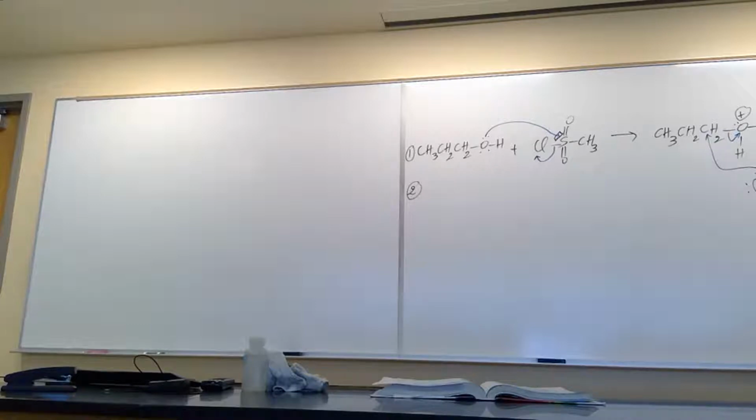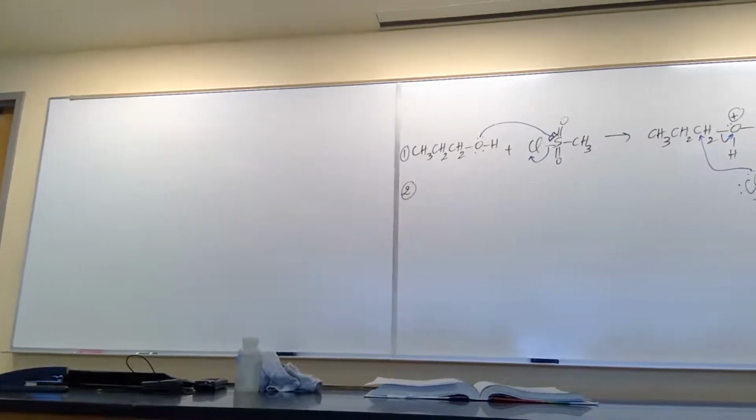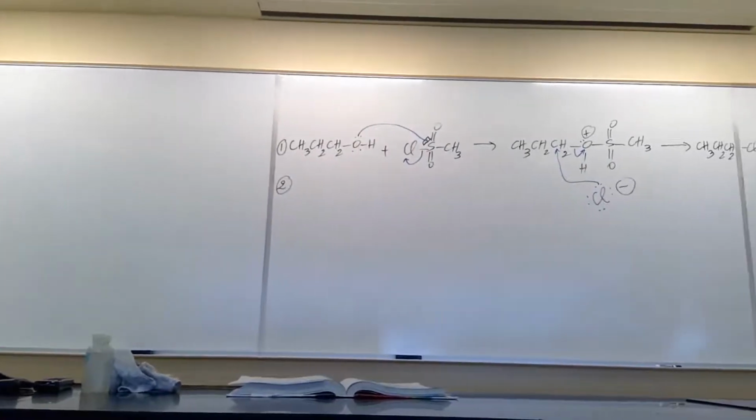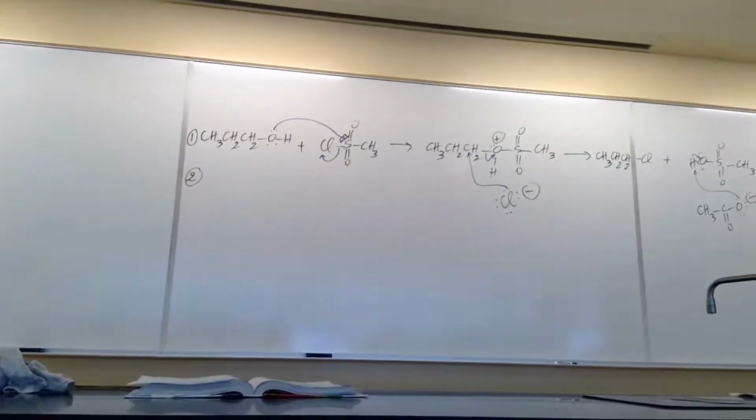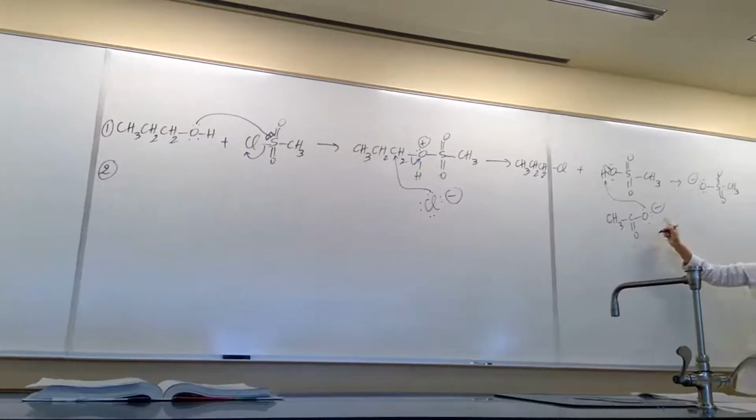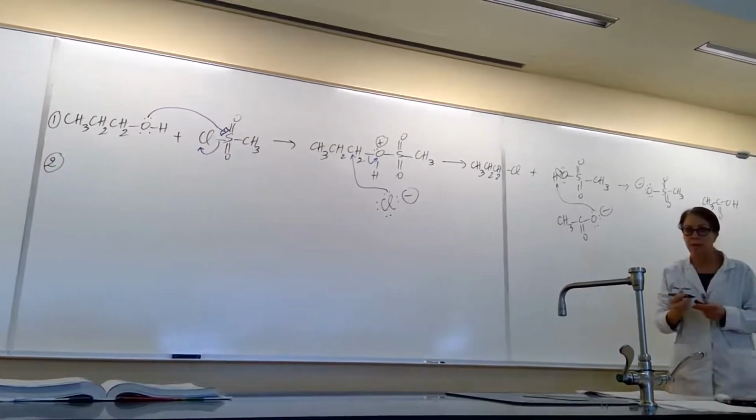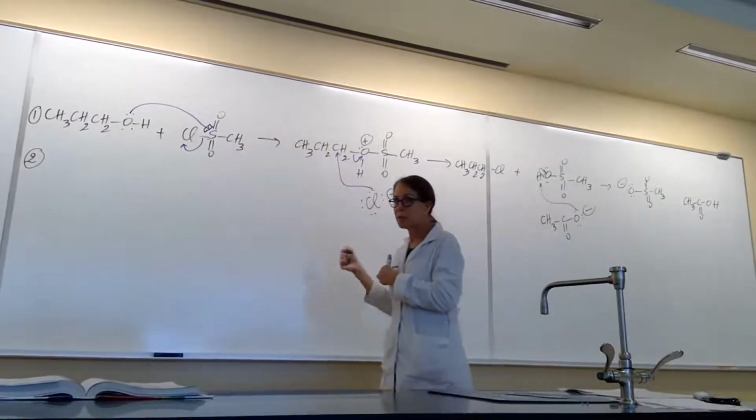What it'll do is take the H, and the sulfonyl chloride becomes sulfonate, which is very stable. So it's almost like a distraction, because we start with neutral, and if you add something negative, you end up with something negative. You understand what I mean? So that part is really just on the side.